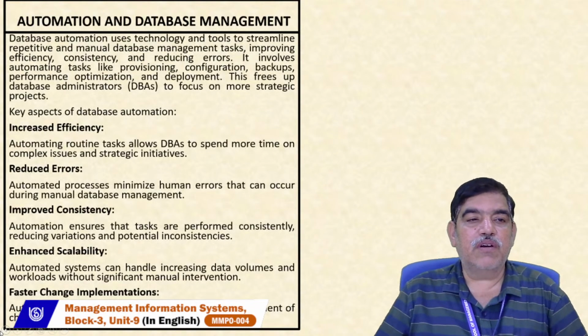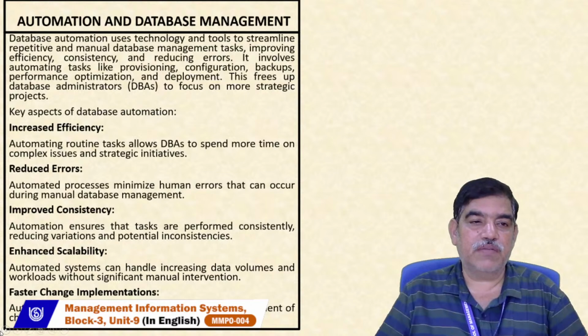Then we discuss automation and database management. Database management means we have to arrange the data in a systematic order so that at the time of requirement we can retrieve it from the database for analysis purposes or for the decision making process. So database automation uses technology and tools to streamline repetitive and manual database management tasks, improving efficiency, consistency, and reducing errors.